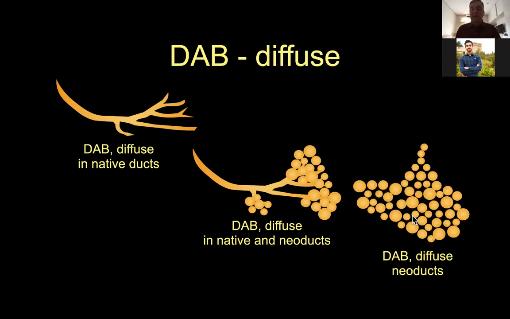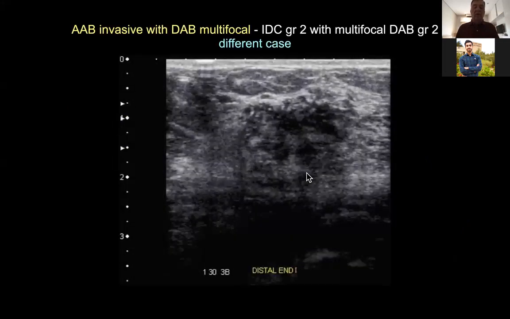By polymorphic, I mean that they vary in size, shape, and orientation. And we can get mixtures of spread through the native ducts and neoducts. In general, the spread through the native ducts is going to be closer to the nipple, and the neoducts are going to be farther from the nipple or more peripherally located.